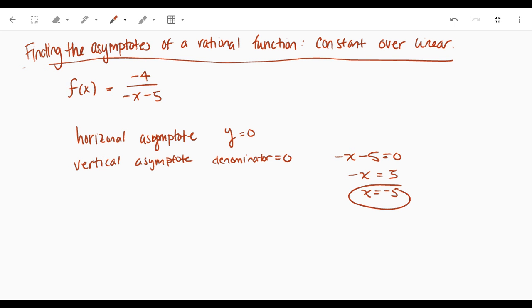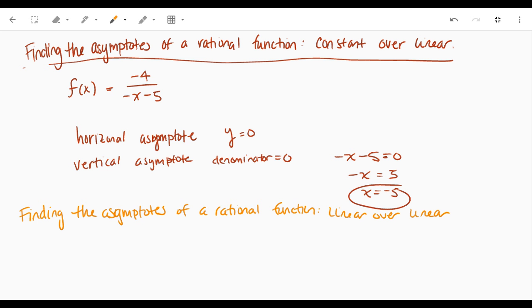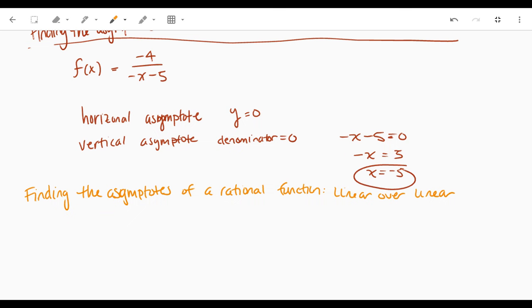The next one is going to be kind of similar. We are going to be doing finding the asymptotes of a rational function, linear over linear. Okay, so for these, you're going to have something like f of x equals 10x minus 11 over -4x plus 6.